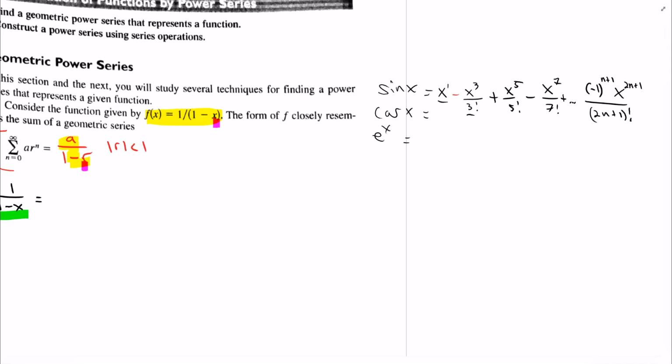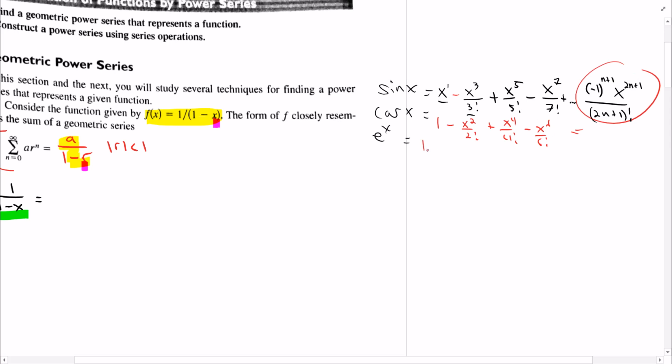And we can do the same thing for cosine. Cosine is even, so we get this. And we could write another similar nth term for that. And then e, this is the part you want to memorize, is how to create it.